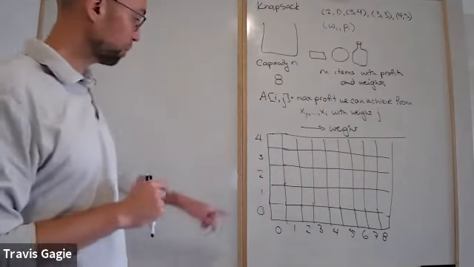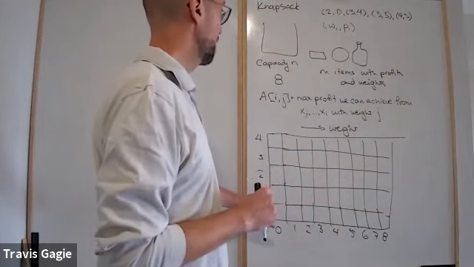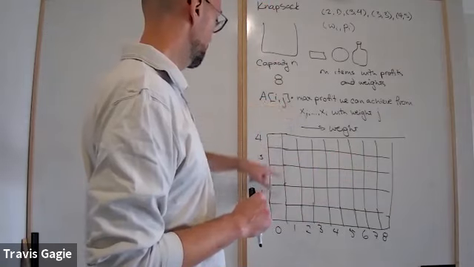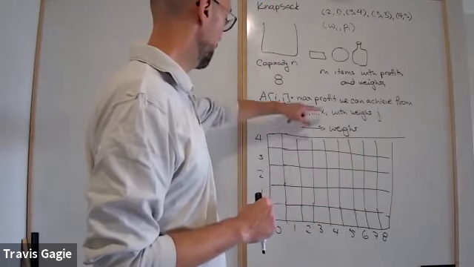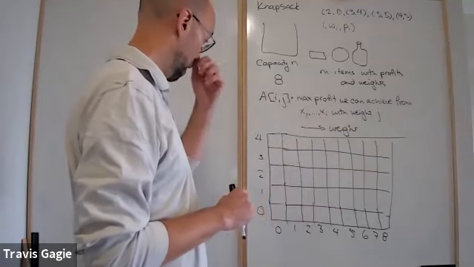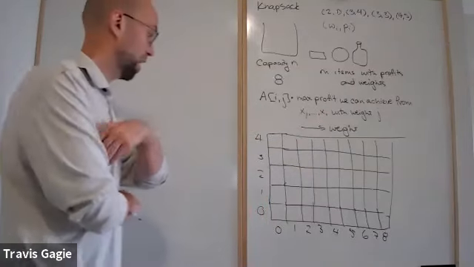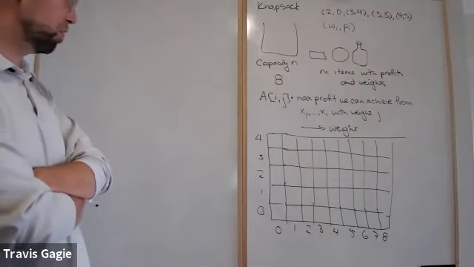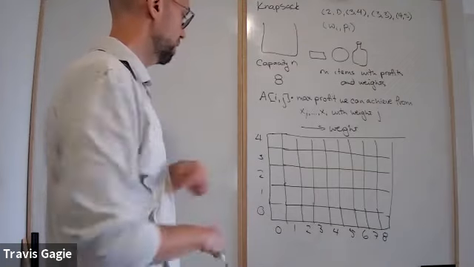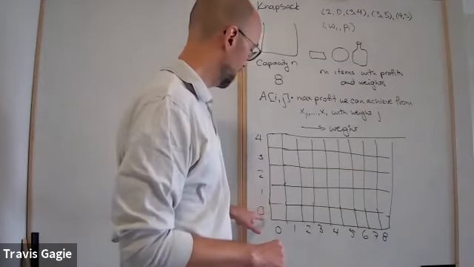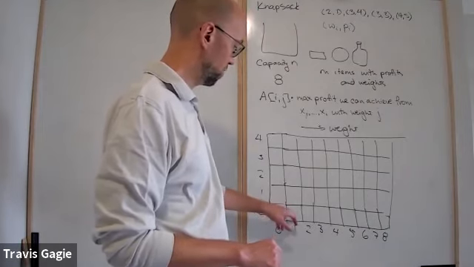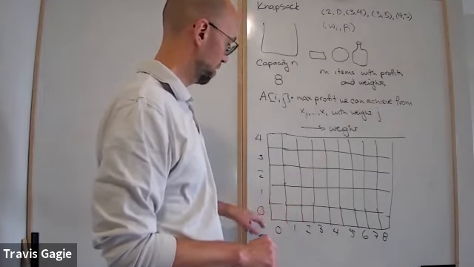Okay, so the max profit we can achieve from x1 to xi with weight exactly j. So this actually doesn't make any sense, because we can't get weight 1 with an empty subset, right?